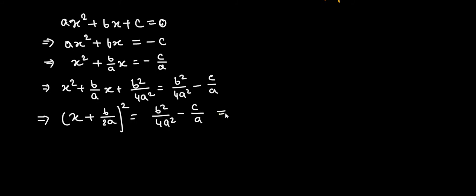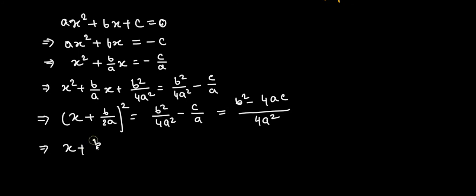Now if I take the LCM of this portion, we get 4a square, and here it would be b square minus 4ac.